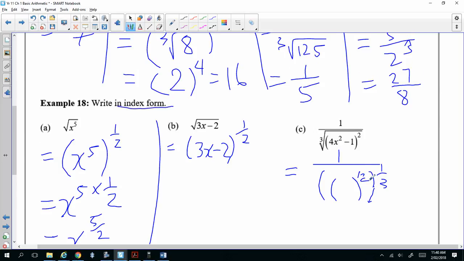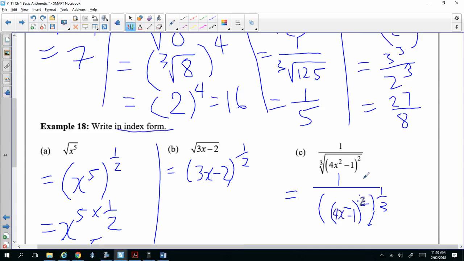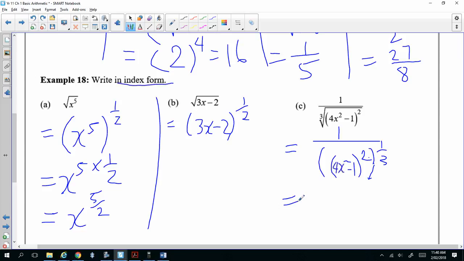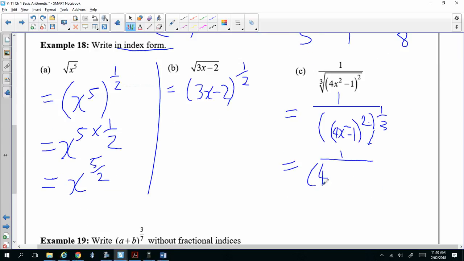Inside there's a square, like that. And then you have to multiply the third by the power 2. So you get 4x squared minus 1, squared, times by a third. Let me make it come out properly. Okay, good.